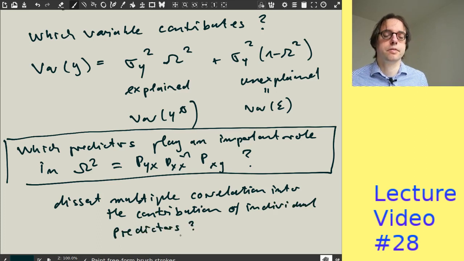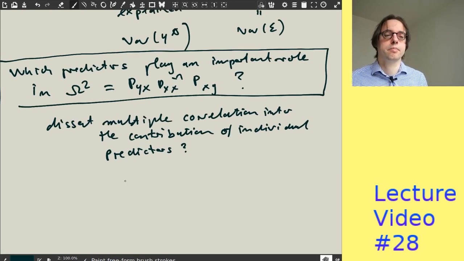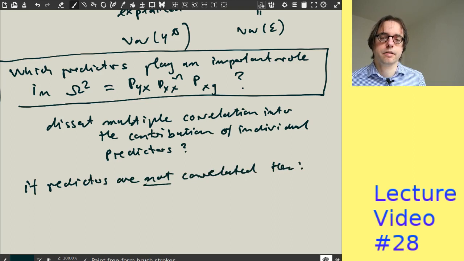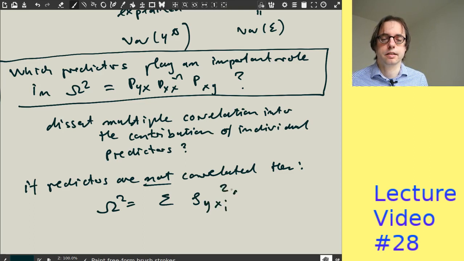And it turns out, as we've seen before, if the predictors are not correlated, then we can write omega squared as the sum over the individual terms. The total squared correlation is the sum of the individual squared correlations, namely rho y xi squared.